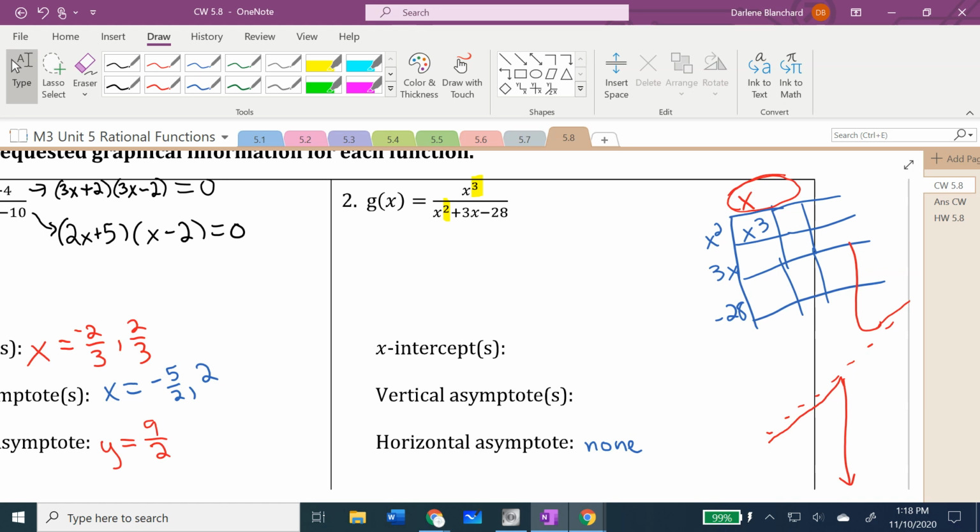In other words, what makes the numerator equal to 0? And other people see that too, right? Okay. And now just vertical asymptote. So factor that denominator. Two numbers that multiply to make negative 28 and add to make positive 3.